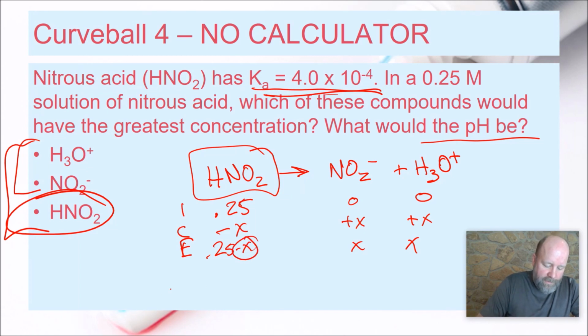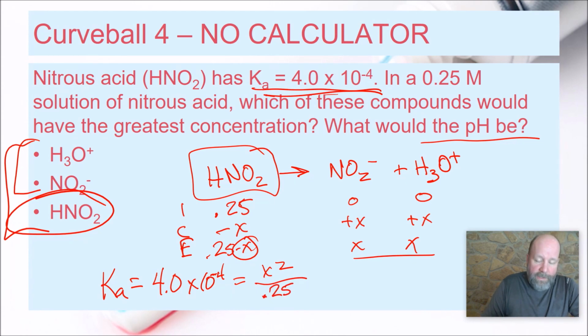So this is basically Ka is going to be equal to, well, I'll put this value here, 4.0 times 10 to the negative fourth. And that equals x squared, products over reactants, which is 0.25. And like I said, I can get rid of that negative x.